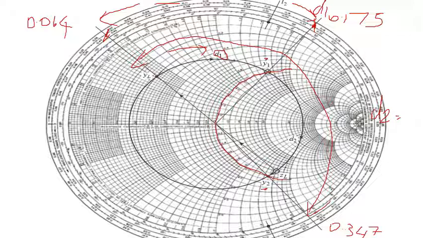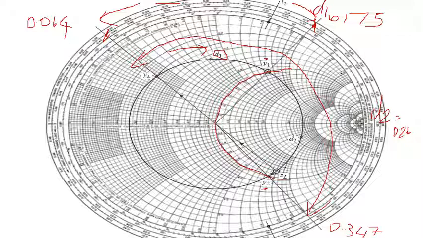That value comes out to be 0.261 lambda. I have given this in notes. 0.26 lambda is the value you're going to get for D2. So in this way, you are going to find D1 and D2.